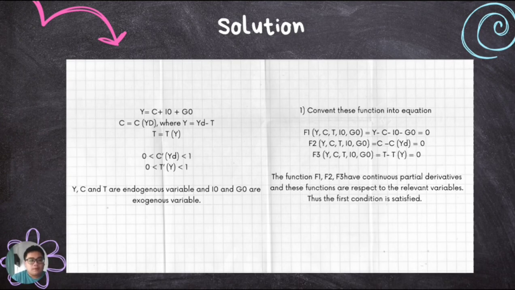The functions F1, F2, F3 have continuous partial derivatives with respect to the relevant variables. Thus, the first condition is satisfied.